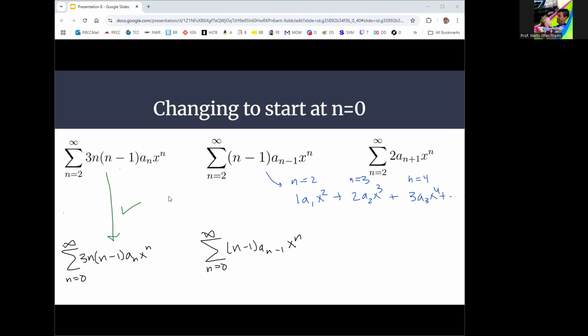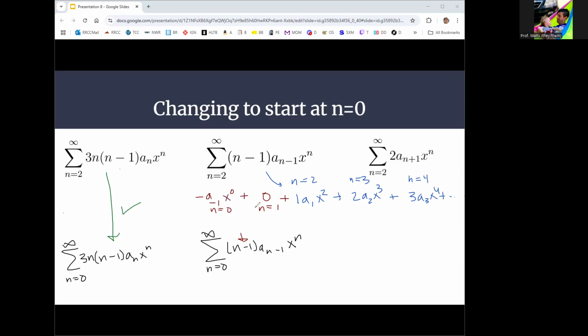All right, but what about when n equals 0 and n equals 1? When n equals 1, we do still have that n minus 1 factor, and so it would be 0, a0, x to the 1. However, when n equals 0, I actually get something that doesn't quite make sense. I get negative 1 times a sub negative 1 times x to the 0.